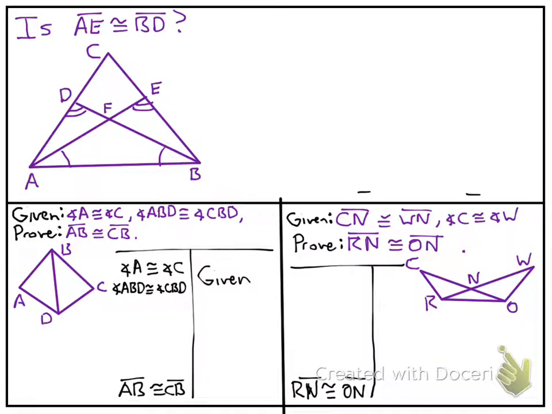So with that in mind, let's talk our way through some congruence ideas. Let's start with a diagram. We need to figure out, is AE congruent to BD? So not a formal proof, but we're just going to talk our way through and see where we're at. So I have A and B congruent, those angles here, and then D and E. If I look, those angles make up 2 sets of triangles, and those are the triangles we're going to use.